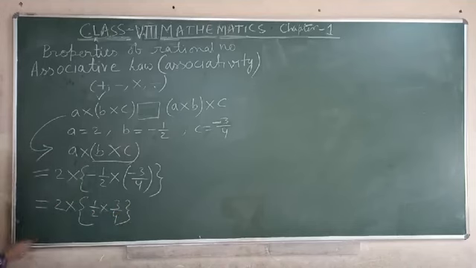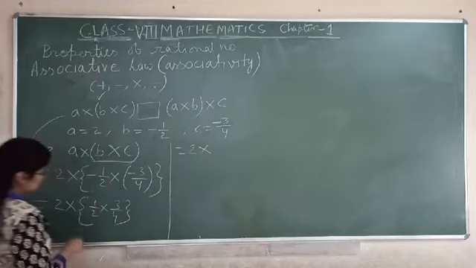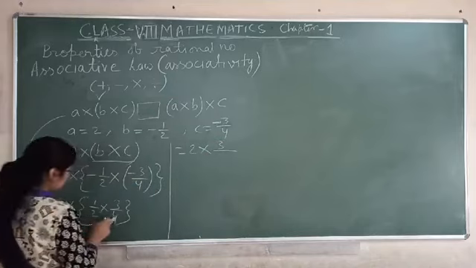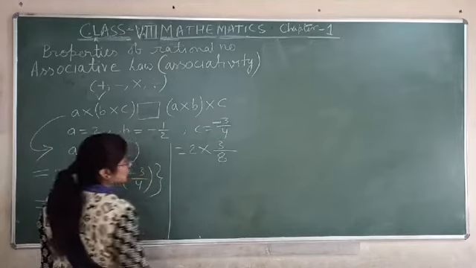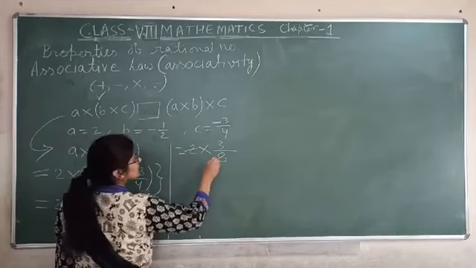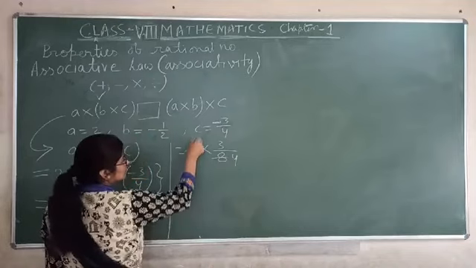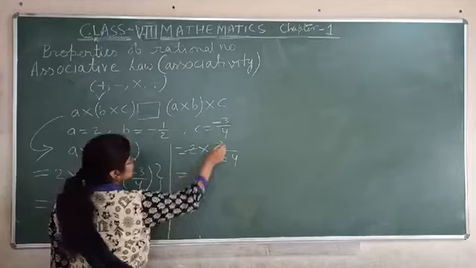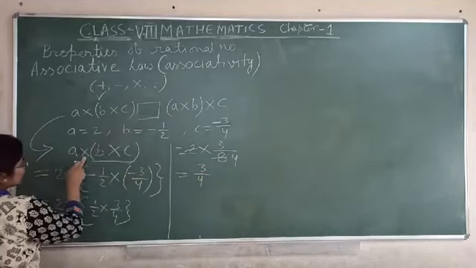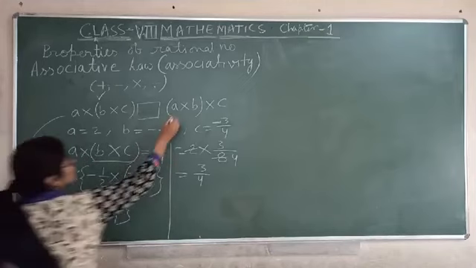Now the 2 outside into 3 upon 4 times 2: this one in numerator, this one in denominator, so you can cancel out. 2 times 1 is 2, 2 times 4 is 8; so 3 into 1, 3 upon 4. That's for A into within bracket B into C: 3 by 4.